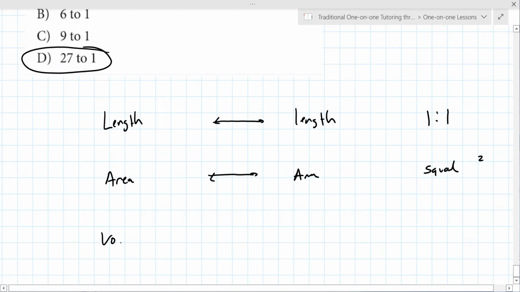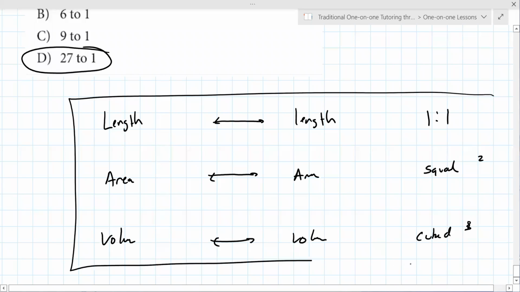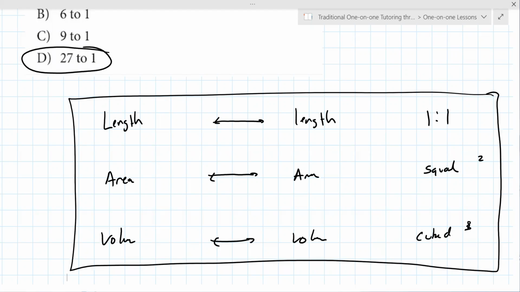And if you're doing a volume to a volume problem, it's cubed. And this is the shortcut for these types of problems. So just cube the bigger number usually. If it's a volume problem, you're going to cube, power of 3. But generally that's fine.